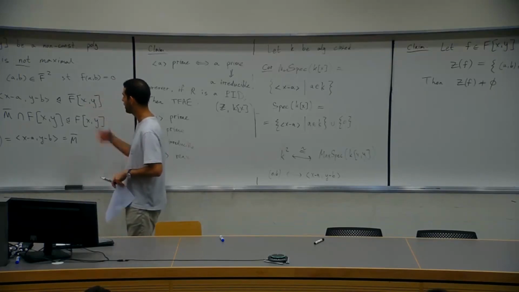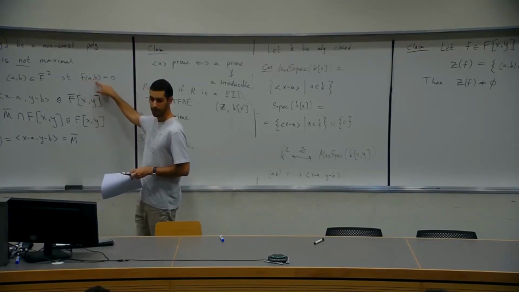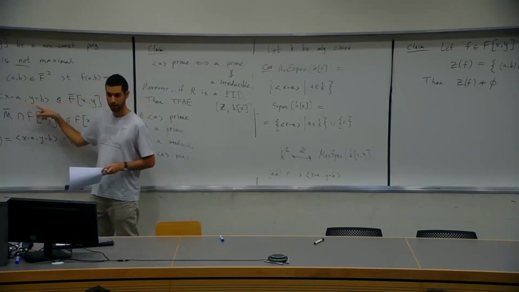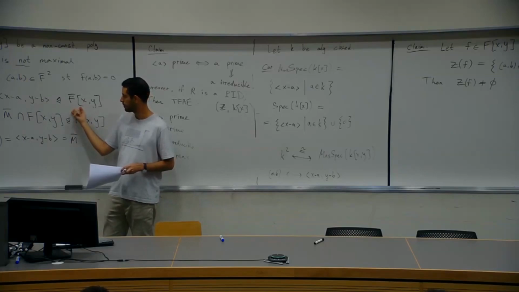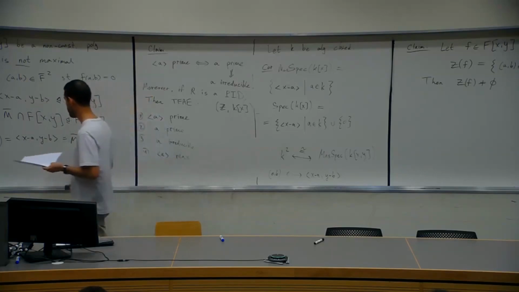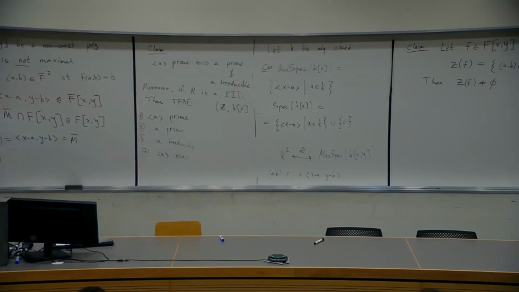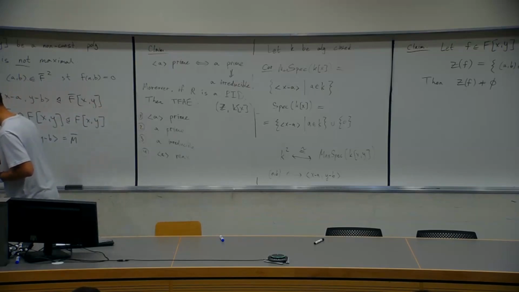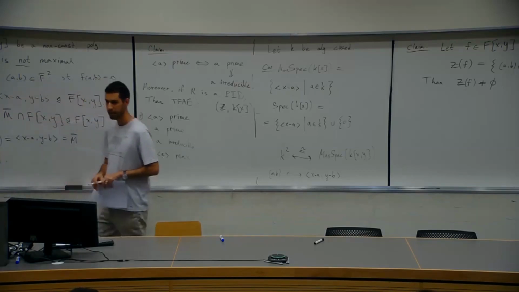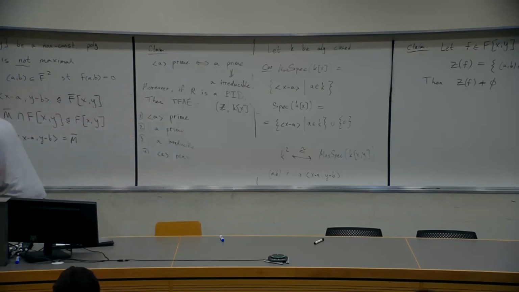So in other words, if f vanishes at the point (a, b), then it must belong to the ideal generated by these two. From this it follows that f belongs to F[x, y]. Sorry. Thank you.